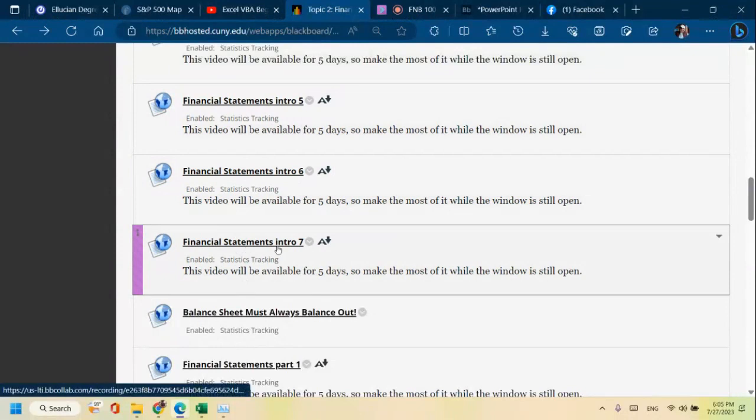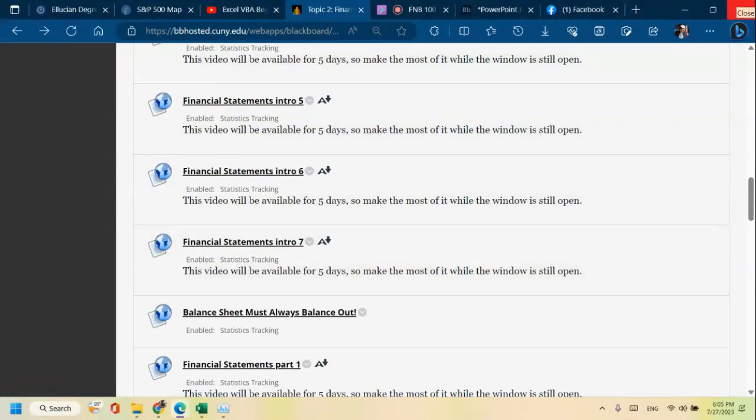Once again, I would like to emphasize one more time, it's very important to make the distinction here, because the goals of these two statements are quite different. They are not about how profitable the company is, which is the goal of the income statement, because it's about profit.